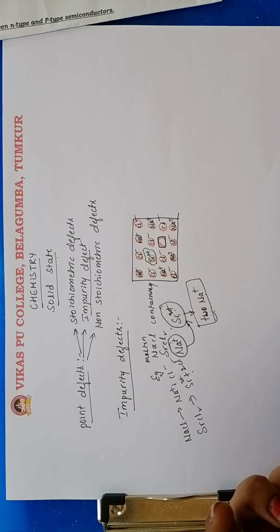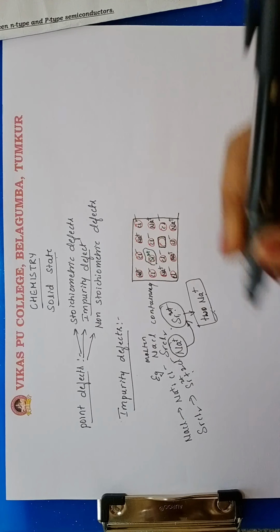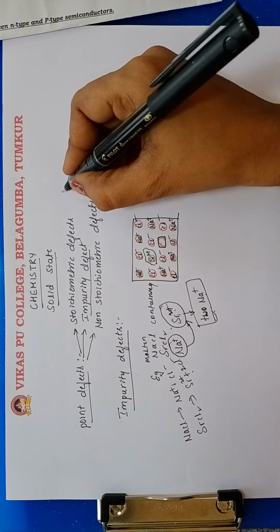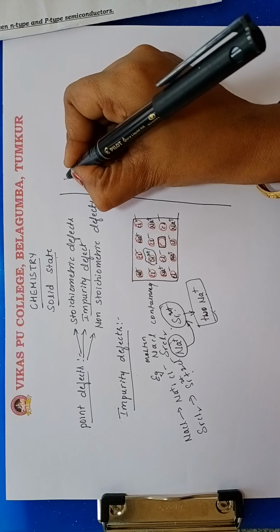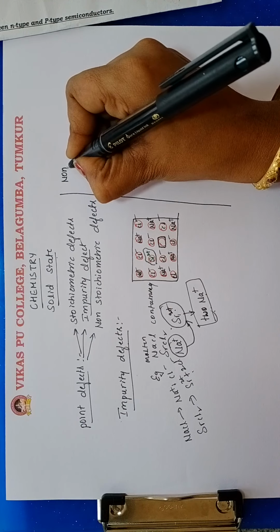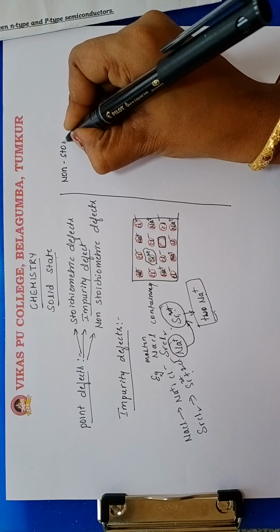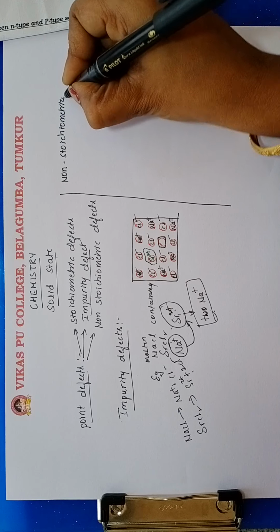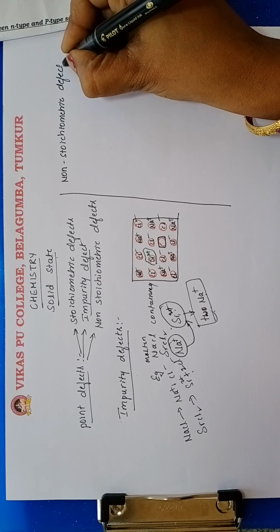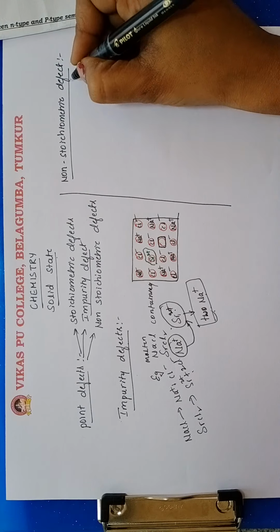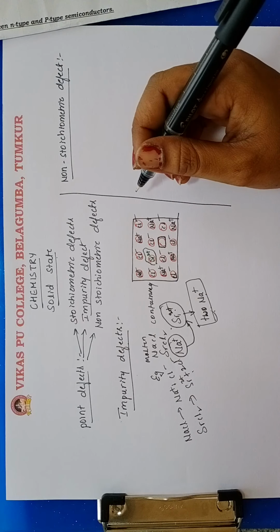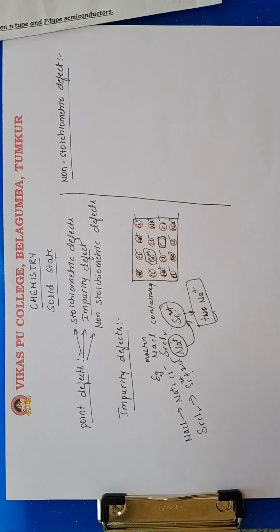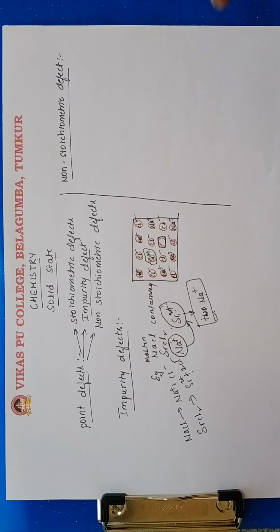Next we are going to discuss the non-stoichiometric defects. This is the third type. When it comes to non-stoichiometric defects, there are two types we can observe: the metal excess defect and the metal deficiency defect.